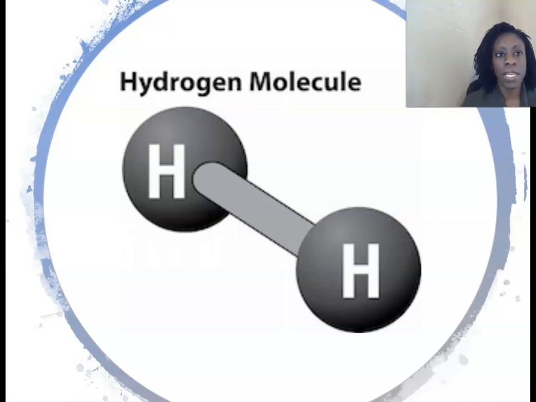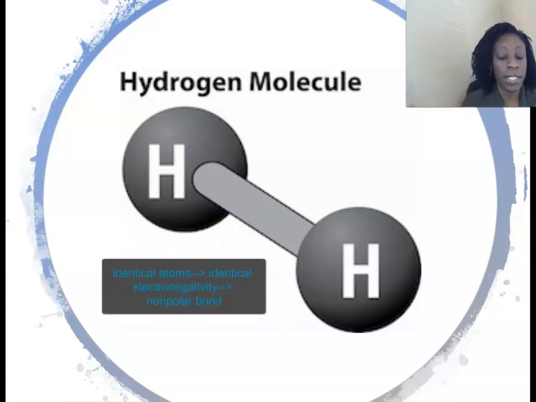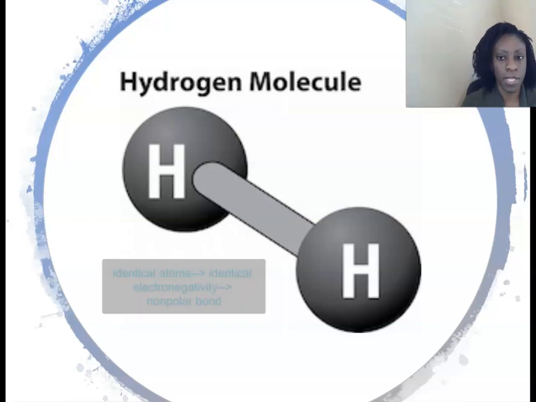So anytime that you have a covalent bond between two identical atoms, like what we have here with hydrogen, that's by default going to be a nonpolar bond, because identical atoms are always going to have identical electronegativity. But you can also have a nonpolar covalent bond between two different kinds of atoms if the electronegativity of those atoms is close, is similar.